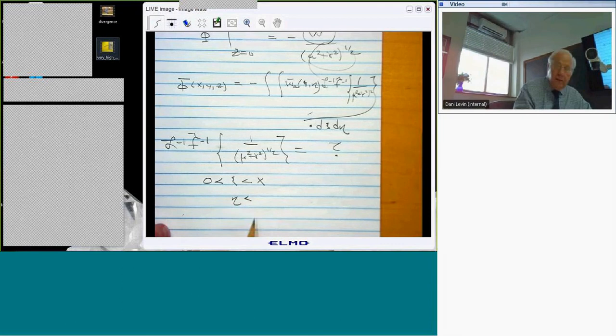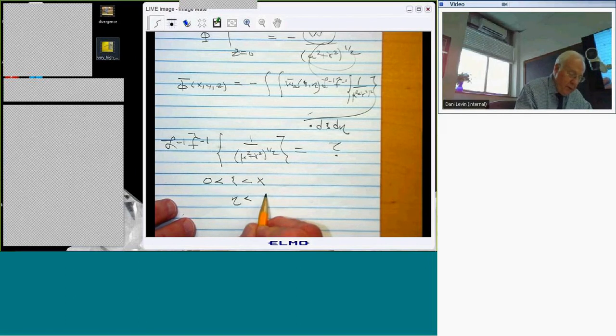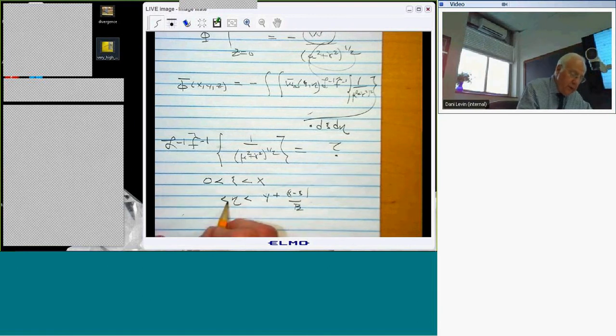Eta, fortunately, is 0 except when eta is less than y plus x minus c over beta, and greater than y minus x minus c over beta.